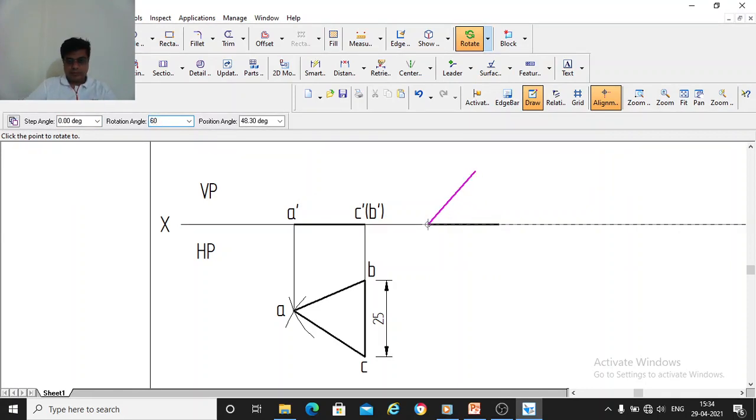Using your compass, whatever the length of A dash C dash is, draw it here once again, the same length, and this angle should be 60 degrees.